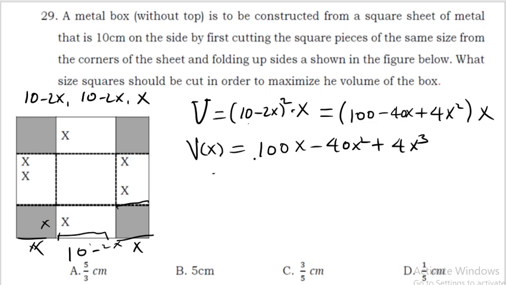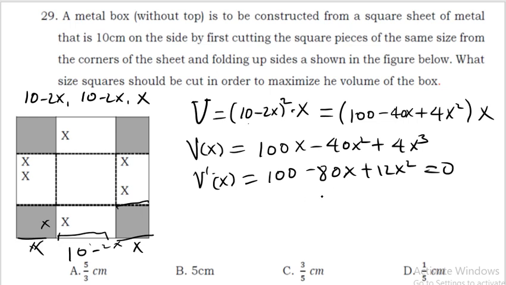Since I'm asked to maximize the volume, first I will take the derivative. The derivative with respect to x will be 100 minus 80x plus 12x squared. Then I will make it equal to 0, and then I will simplify. I can divide by 4. 25 minus 20x plus 3x squared is equal to 0. This is a quadratic equation, can be solved, and it can be factorized.